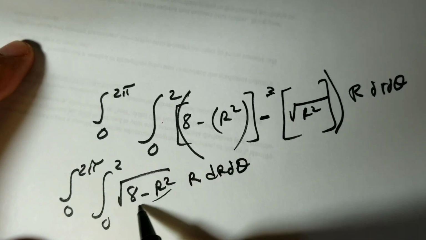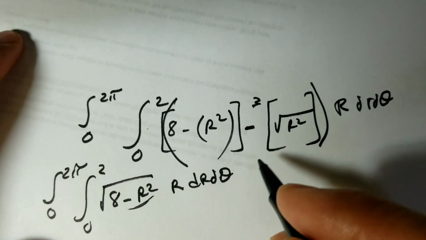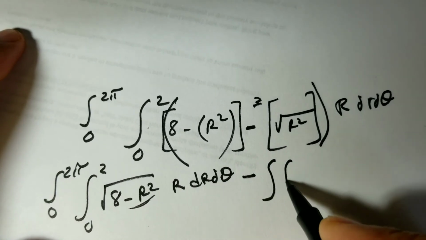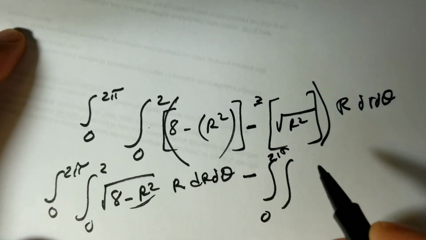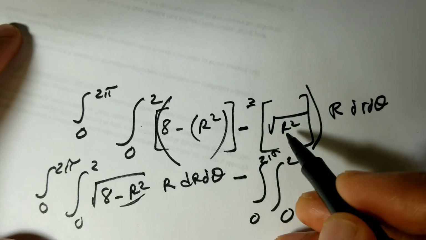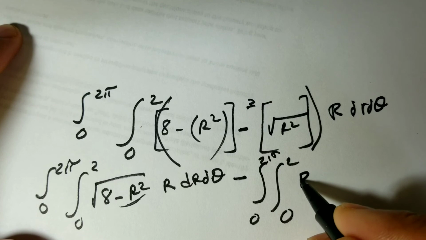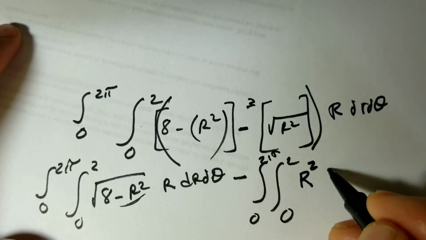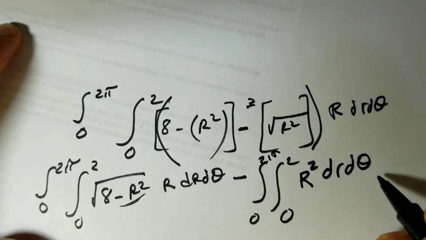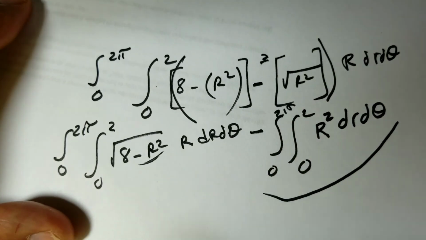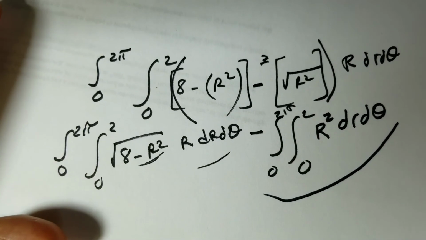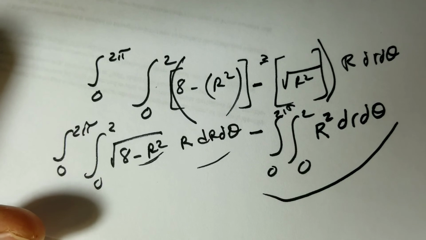Right now, do you see? That's your u, and that's your du. Minus the double integral from 0 to 2 pi, 0 to 2. But what is the square root of r squared? It is r, and r times r is r squared. This is not hard to do, and you can do it by substitution and find the answers.